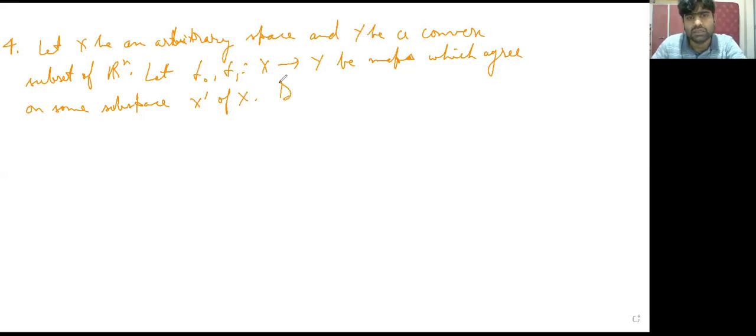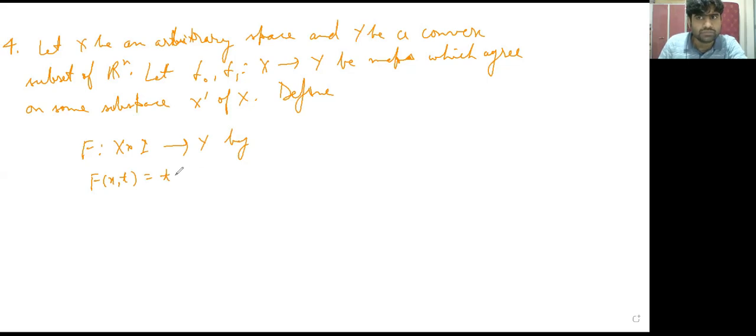Now define capital F from x cross I to y by F(x,t) equal to t f1 x plus 1 minus t f naught x.